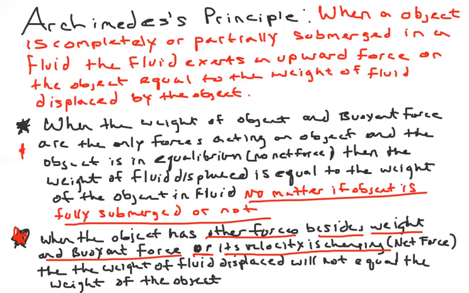Well, it's coming from the fluid, not from the object. That's another big point on Archimedes' principle. So again, when an object is completely or partially submerged in a fluid, the fluid exerts an upward force on the object equal to the weight of the fluid displaced by the object. Not necessarily the weight of the object, but the weight of the fluid displaced, okay?